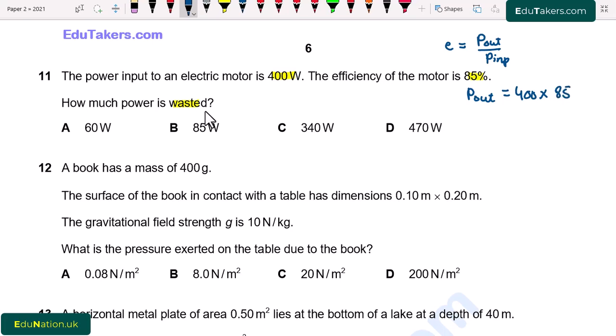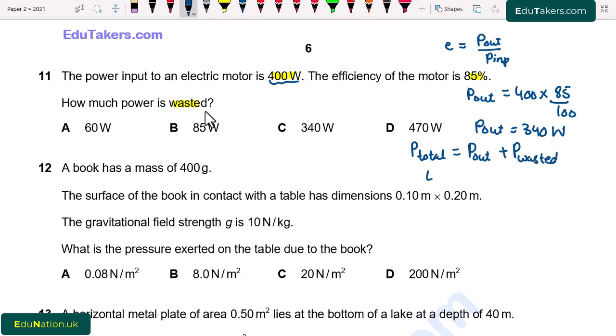So I write here 85 divided by 100. It becomes as 340 watt. So this power is actually the useful power. Total input power is 400 watt and we have to find out the power which is wasted. So I write here total power will be equal to power output plus power wasted.